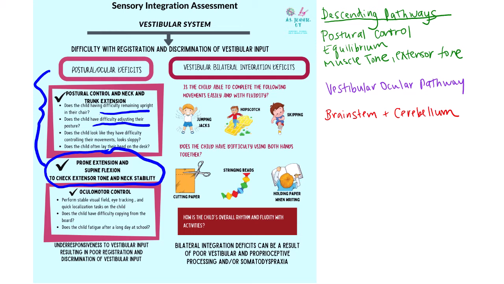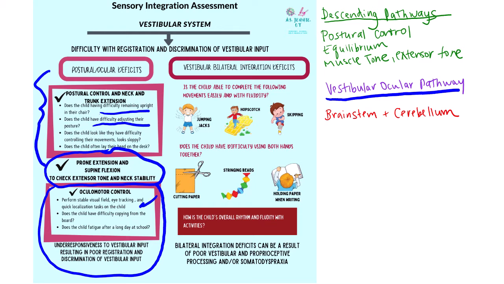And then the next thing you really do want to check is ocular motor control, because that is such an important part of the functional activity of copying from the board. So you want to see if they're having difficulty with their vestibular ocular pathway. Usually what I will do is perform a stable visual field, eye tracking, and quick localization tasks on the child.